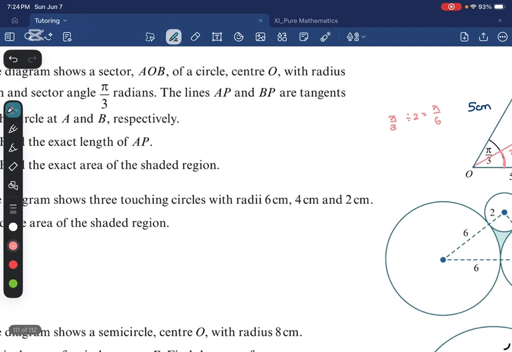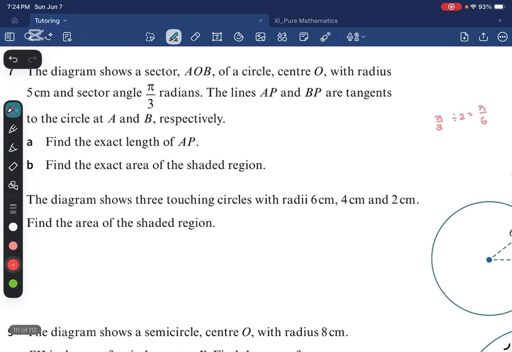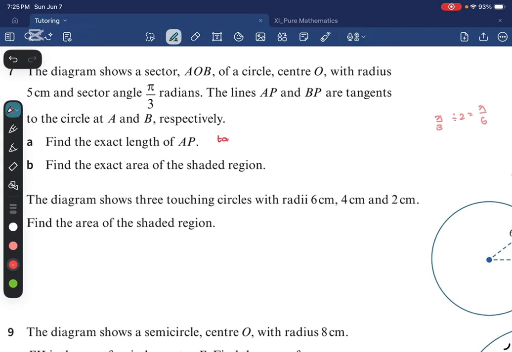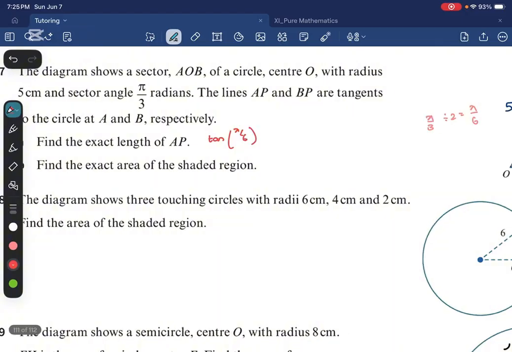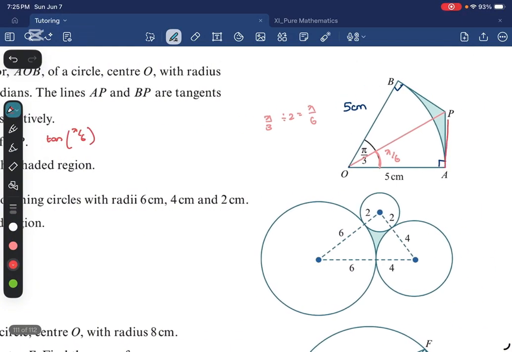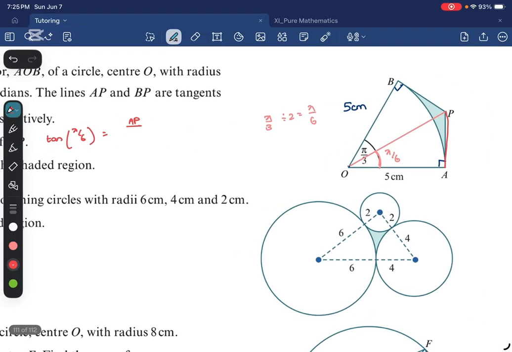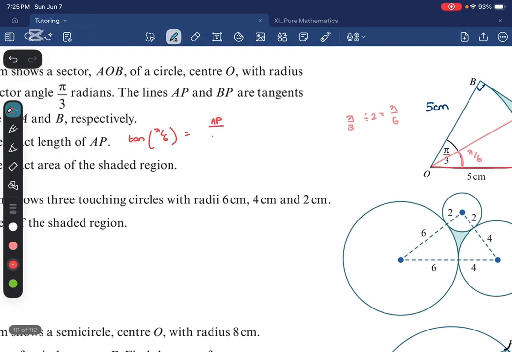And we can use some basic trigonometry, right? So I know that tan pi by 6 is opposite, which is AP, over adjacent, which is 5. So therefore, AP is going to be 5 tan pi over 6.